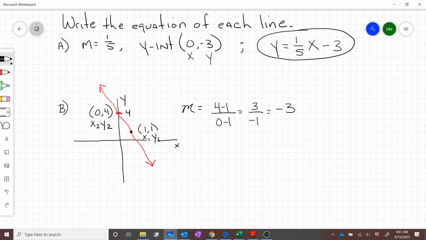So now you have your slope and your y-intercept. So your equation for this line is going to be y equals the slope, which is -3, and the letter x, and then the y-intercept, and that's at +4. So there's your equation of that line.